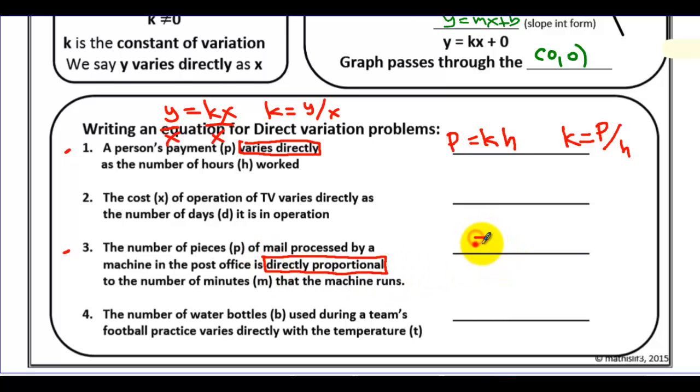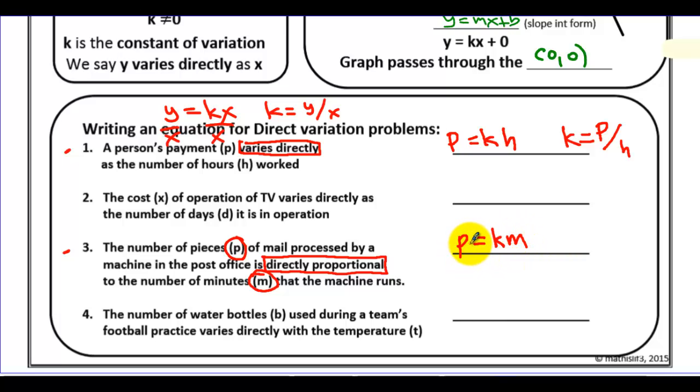So that's just equal to K. Now the variable before directly proportional is P, so you will just write P before the equal sign. Now the quantity after directly proportional is the number of minutes, or M. Just write M after the equal sign.